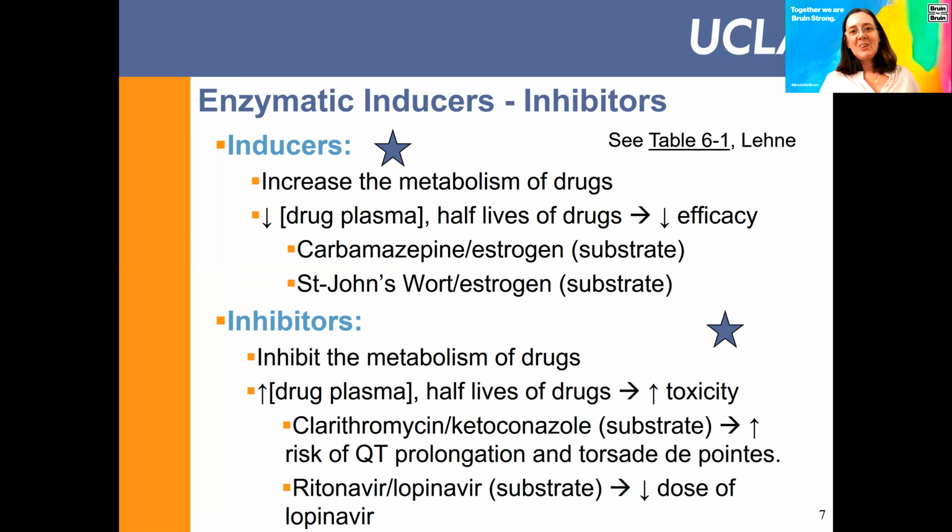And the consequence is that a woman who is taking both can become pregnant because now her estrogen level is not high enough and is not protecting her from becoming pregnant if she was using it as an oral contraceptive. Same with St.